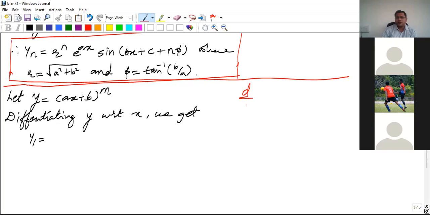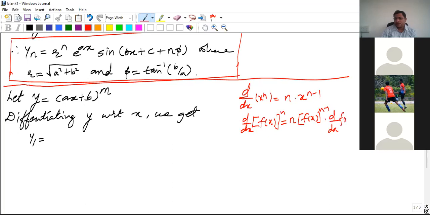We know the derivative of x raised to n is n into x raised to n minus 1. But if you have the function, that is d by dx of (f of x) raised to n, then it changes as n into (f of x) raised to n minus 1 into d by dx of f of x. This way we have to use the chain rule.